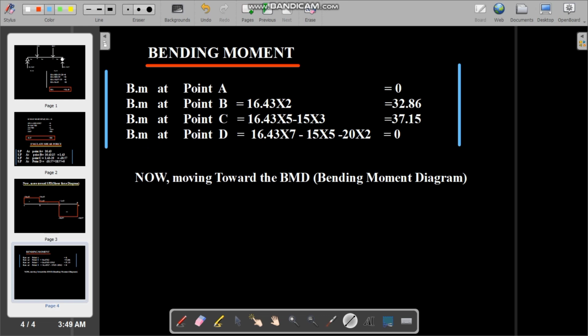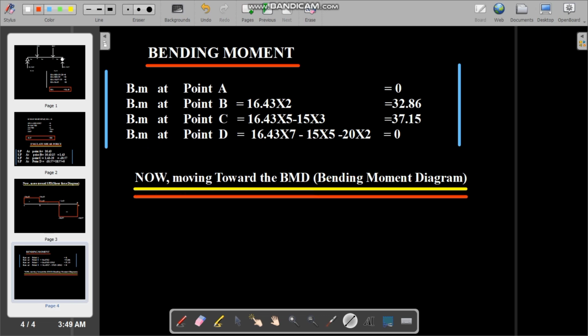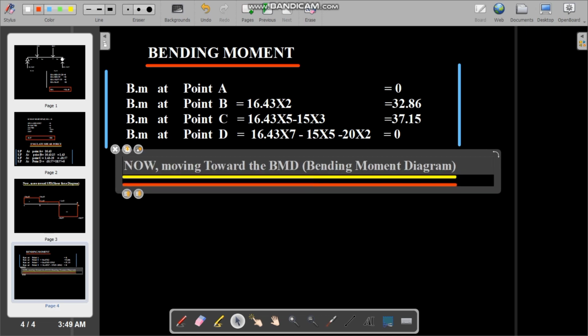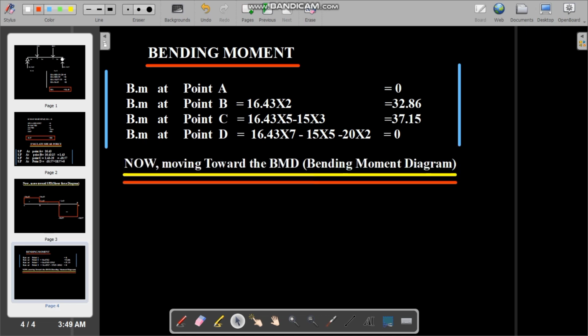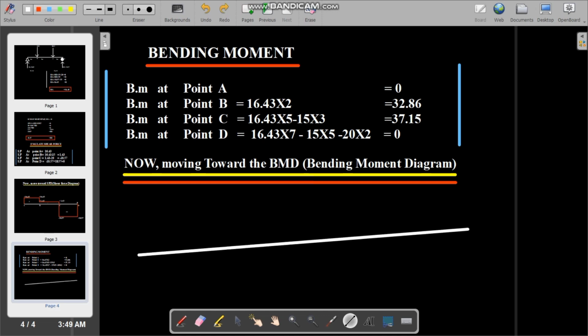We just draw the diagram, with the clarity of a beam or a picture that everyone can understand. And it's a professional thing, and you will need it in the future when you are in the corporate sector or any other office.